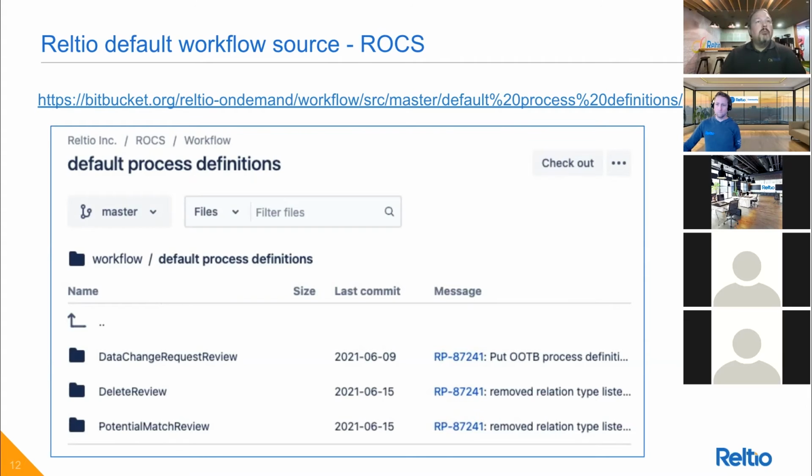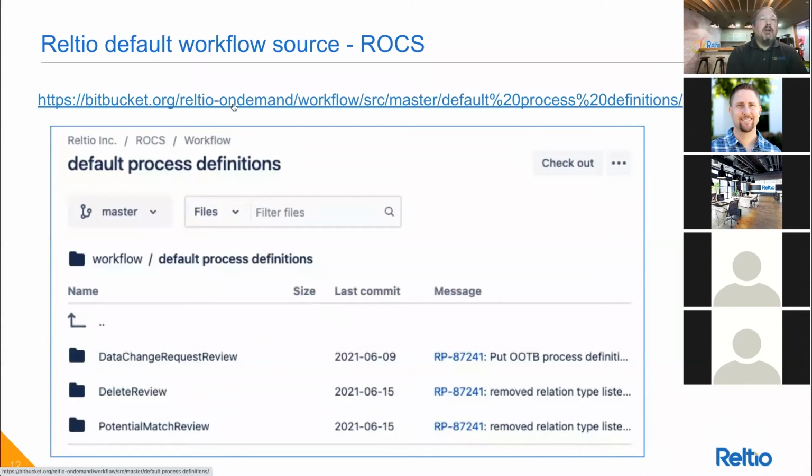All right, so moving forward, the out-of-the-box workflows that Reltio does provide are accessible through the Reltio Open Community Software Repository. At Reltio, we often refer to that as ROCs, but it is a Bitbucket repository, and you've got a link here on the screen that will guide you. This is also accessible through the Reltio documentation portal that will guide you towards these out-of-the-box workflows that we deliver.